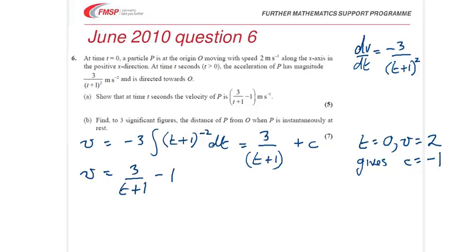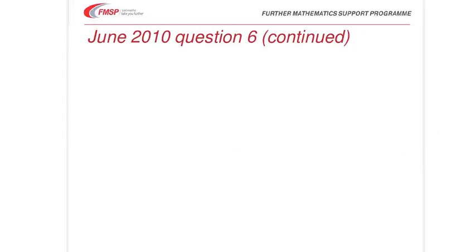And now for part B we've got to find the distance of P from O when P is instantaneously at rest. Let's go on to the next page for that, have some more room. So far we know v equals 3 over t plus 1 minus 1. We've got to find the distance covered to the point when it's instantaneously at rest.